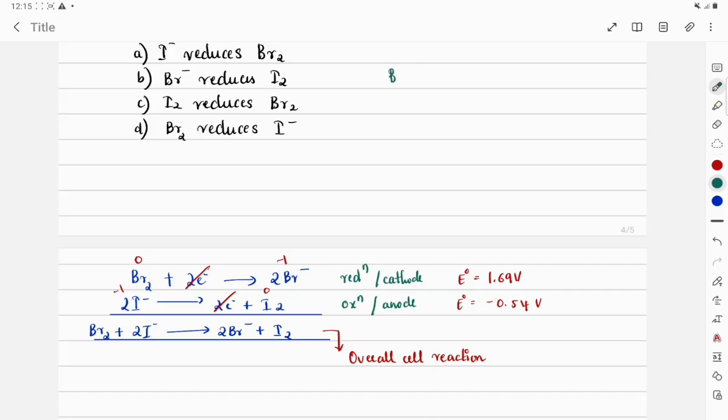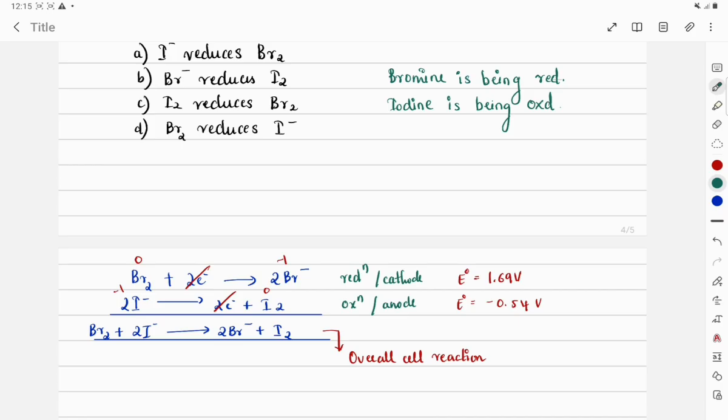So we have to note that bromine in general is being reduced, not iodine. Iodine is being oxidized. We don't know which species of iodine, but iodine is being oxidized. This is one thing we can understand from the two reactions that we have.